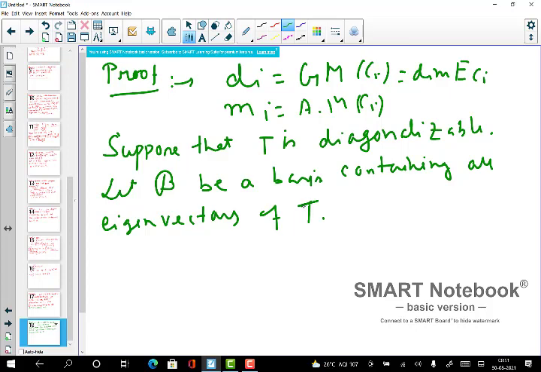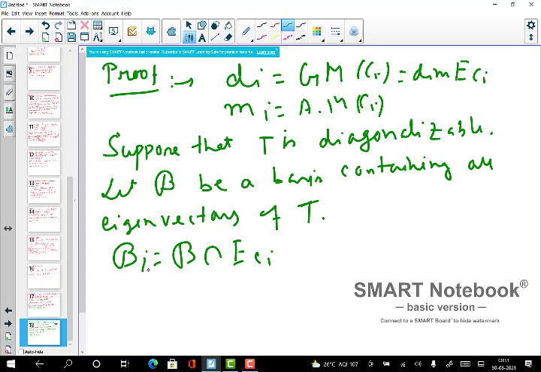Now, if you have eigenvectors, then you can check how many eigenvectors belong to which eigenspace. So let me write down these symbols. Bi is B intersection E_ci. So E_ci is the eigenspace corresponding to eigenvalue ci, and the intersection will be Bi. These are those eigenvectors which are elements of the eigenspace also.